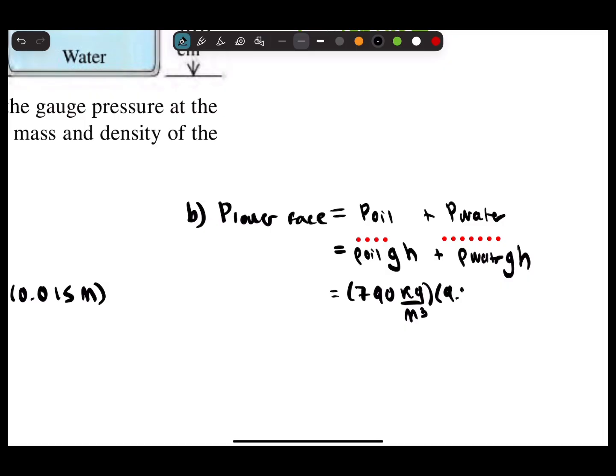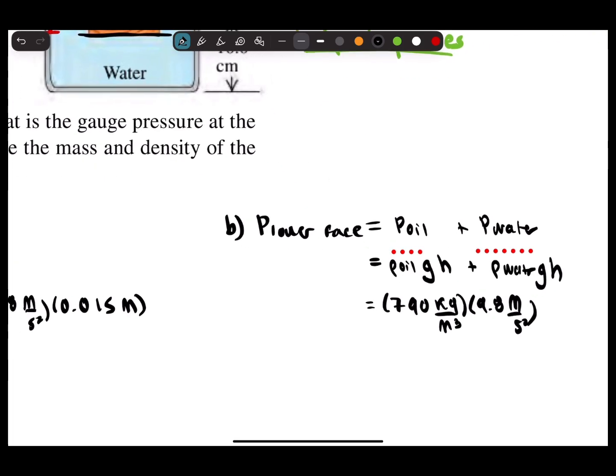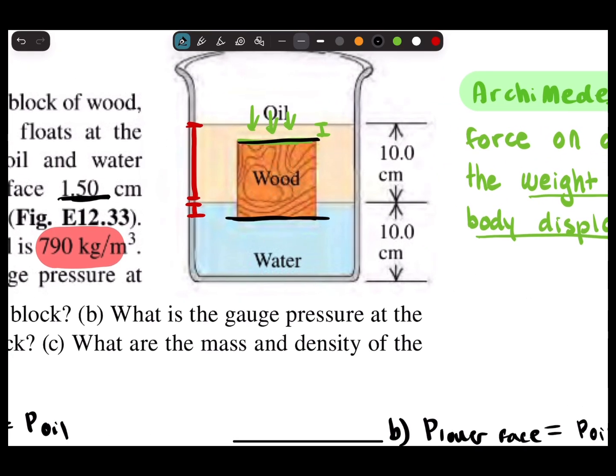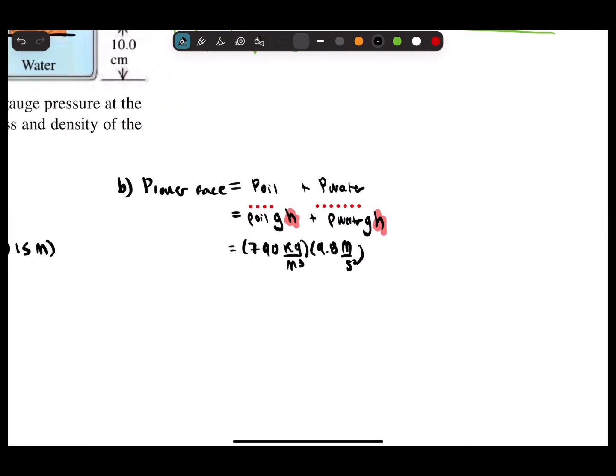We know what gravity is. For this height, these are the two special heights we care about. Let's start off with the oil. The question tells us that this distance here is 10 centimeters, which is just 0.1 meters.